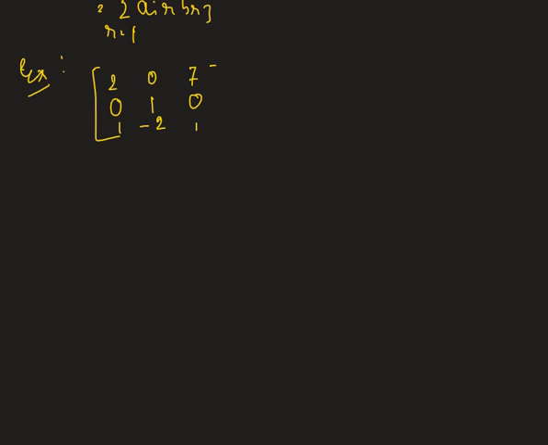So it is a square matrix of order 3. And the next matrix is defined as minus x, 14x and 7x. In the next row we have 0 1 0, and in the last row we have x, minus 4x and minus 2x.